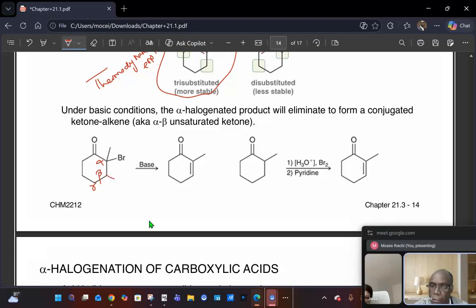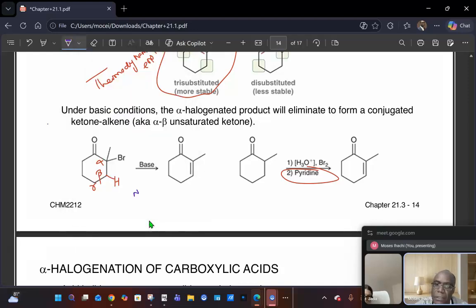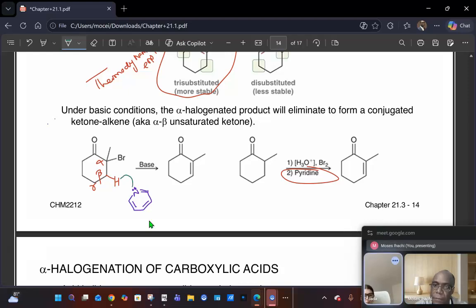So you would show a hydrogen on the beta carbon. And the example here we can use is pyridine. It's a nucleophilic base, but it's so smelly. We never use pyridine as a base in the lab. The whole day I'll be smelling it. Even when I used it in the hood, it still smells. So you will take that out.